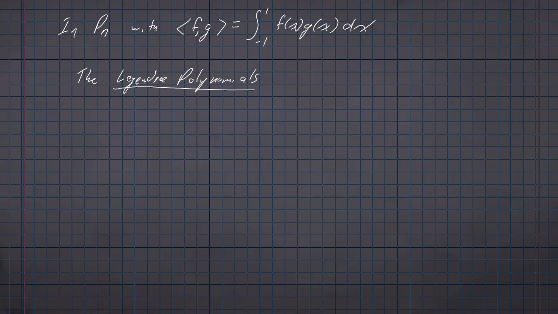And a set called the Legendre polynomials. L1 is 1, L2 is x, L3 is 1/2 times 3x squared minus 1. Oh, numbering backwards.